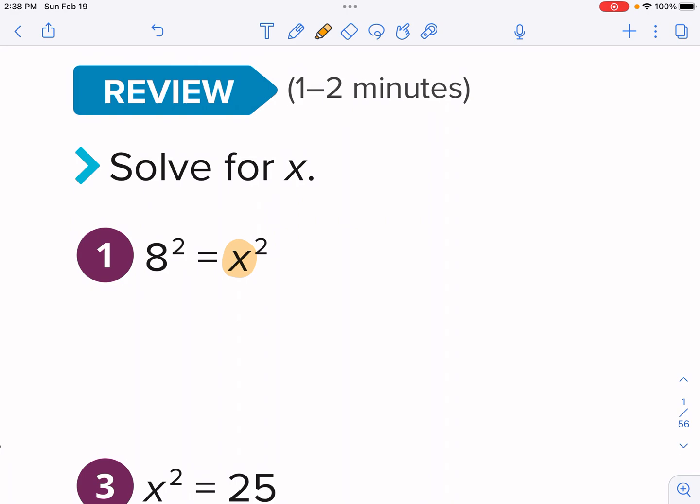So we're thinking about what number needs to go where we highlighted to make the left side and the right side equal. Here, in order to make this equal, we can see that this has to be 8. So our answer could be x equals 8. If I put an 8 right here, the left side will be equal to the right side.